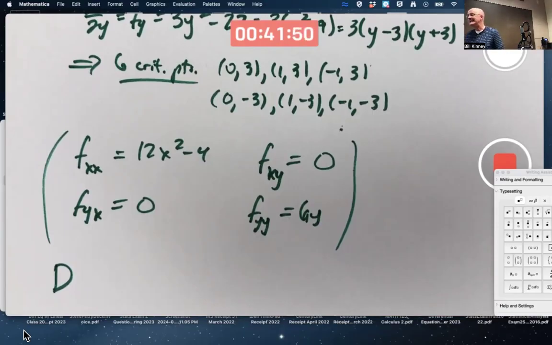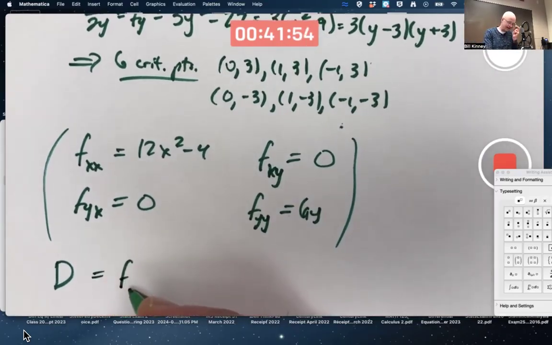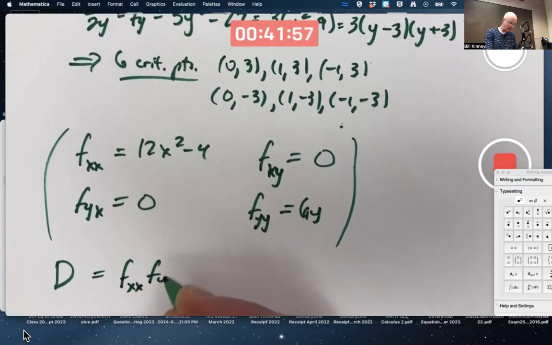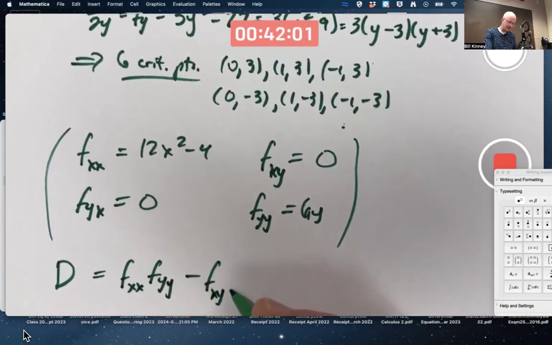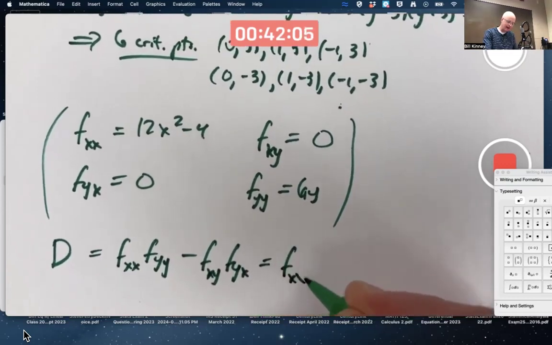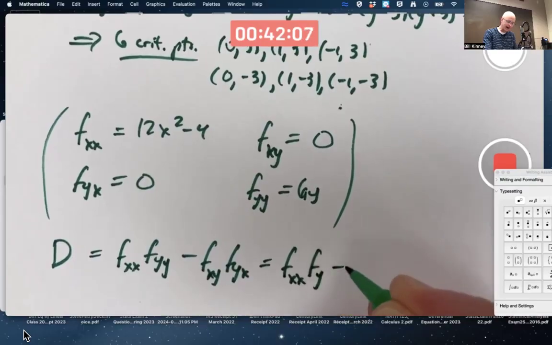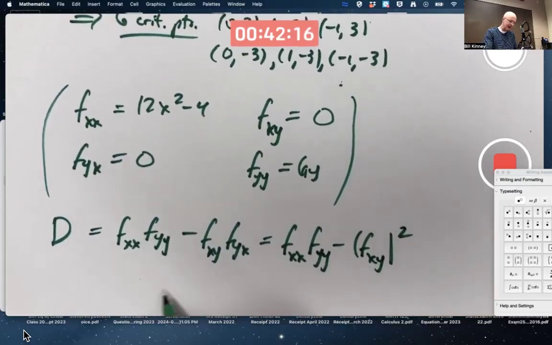Still starts with D. It is the determinant of this matrix, though. It's fxx times fyy minus fxy times fyx, though because of the fact that fxy and fyx are the same, I can write that as a square of fxy.